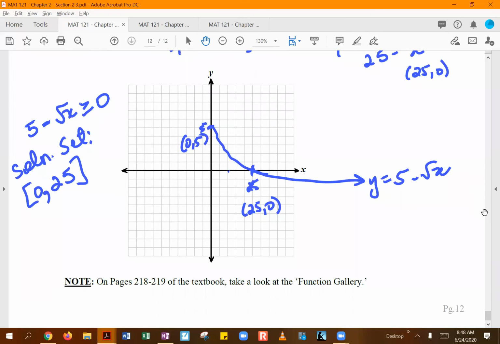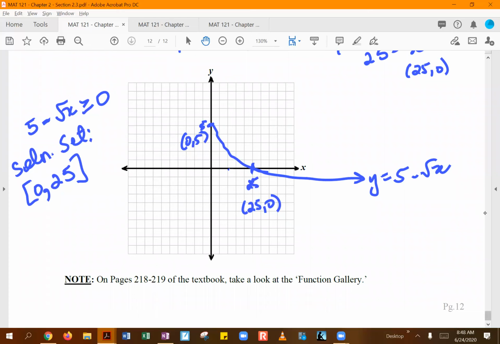Now, even though they're not asking, just to make sure you are comfortable with our domain and range information, can you go ahead and tell me what the domain and range for this function, 5 minus square root of x, is going to be?